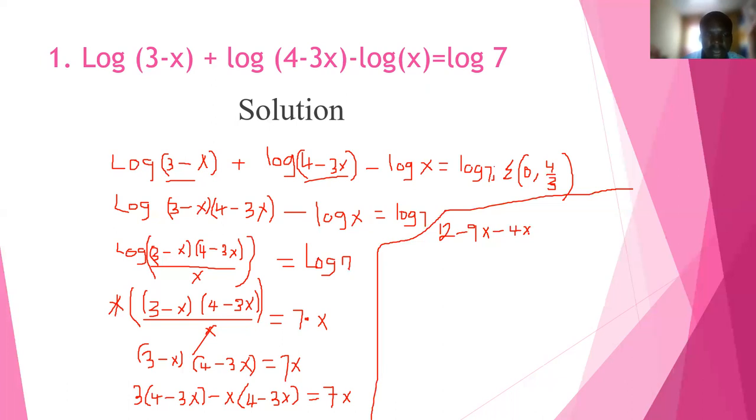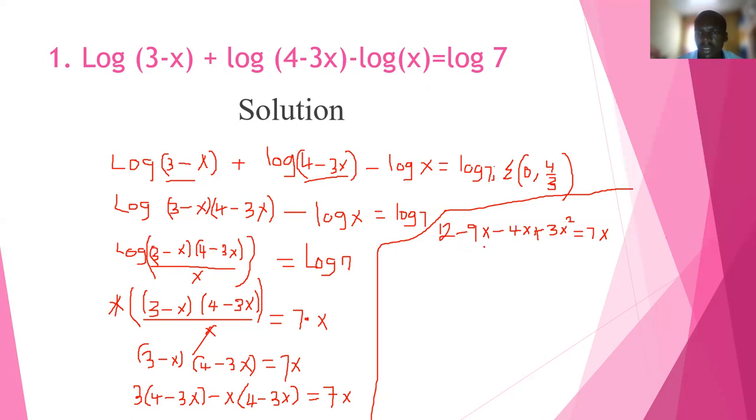Negative x times negative 3x, we get positive 3x squared, is now equals to 7x. Is equals to that one.